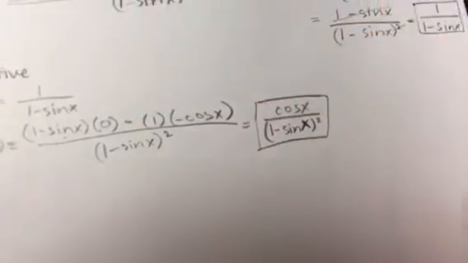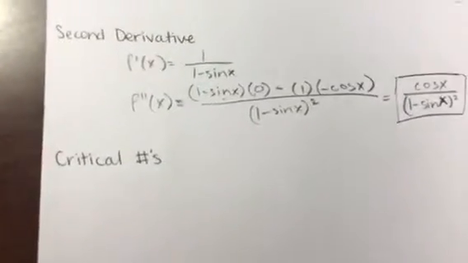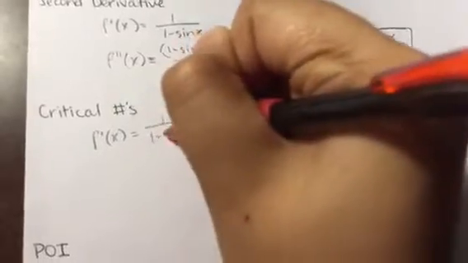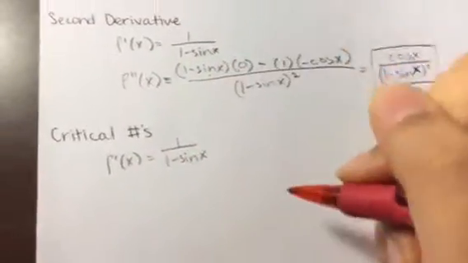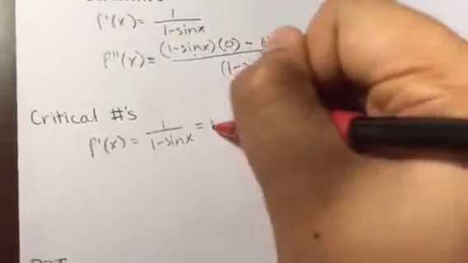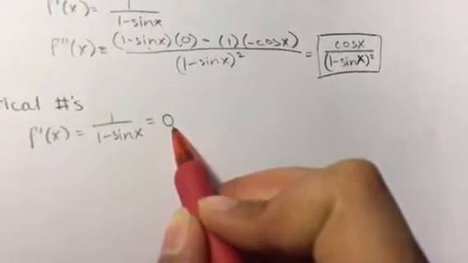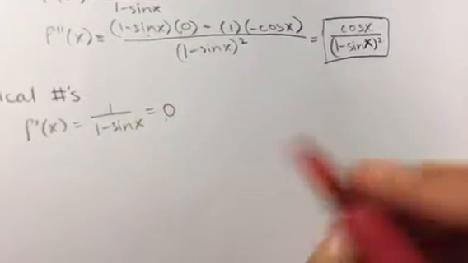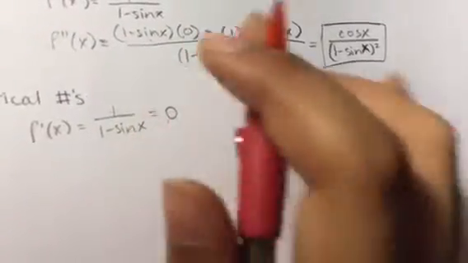And then to find the critical numbers, we use the first derivative. So first derivative was, again, 1 over 1 minus sine x. And then we'll set this equal to 0. So we'll set the numerator equal to 0, but 1 just doesn't equal 0. So then we'll set the denominator as well to find where it's undefined.